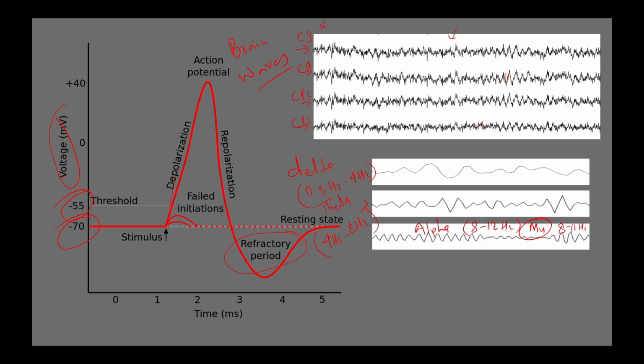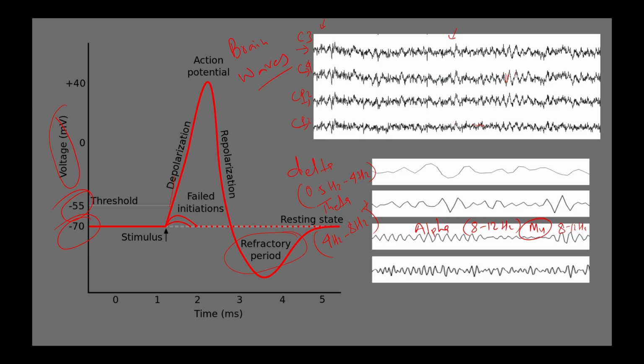Then next comes the beta band. We classify signals from 13 hertz to 30 hertz in this range as beta.